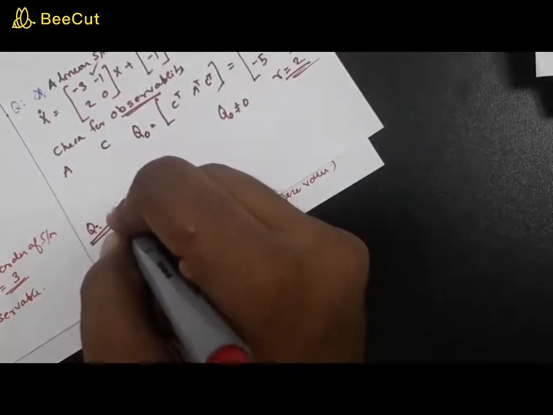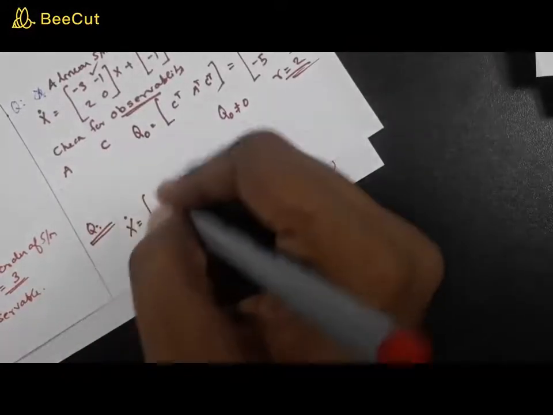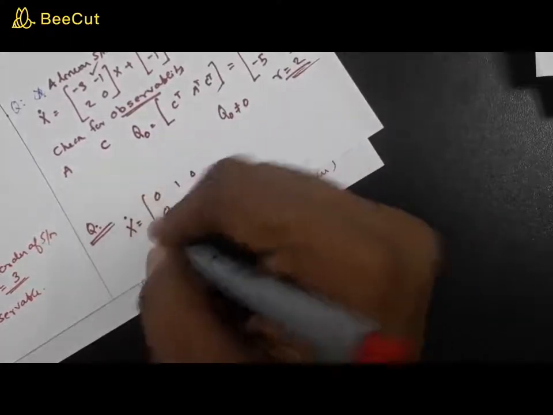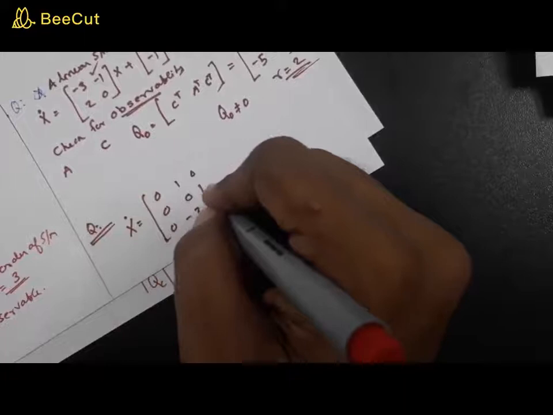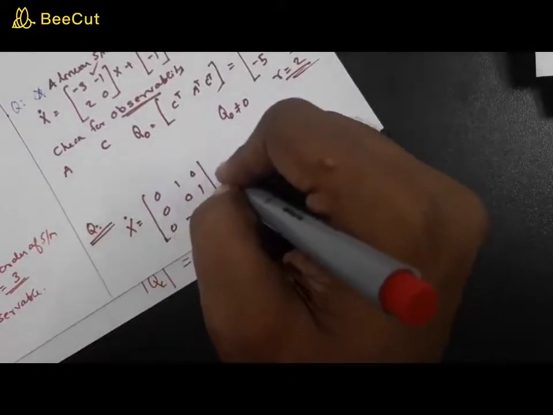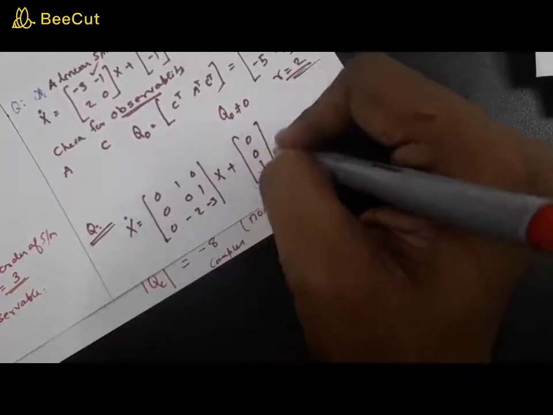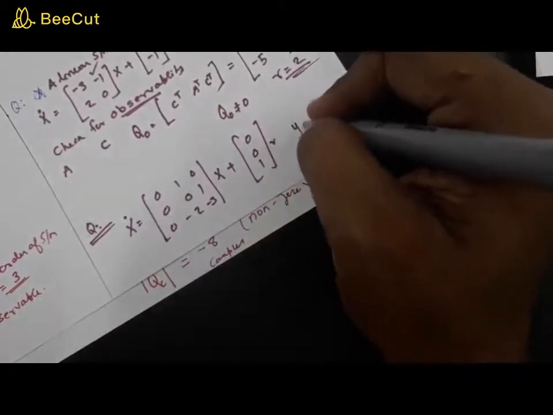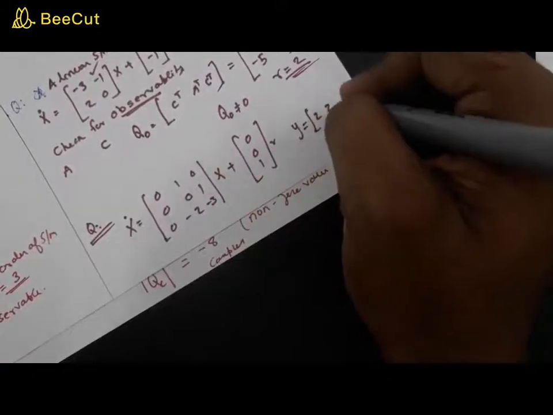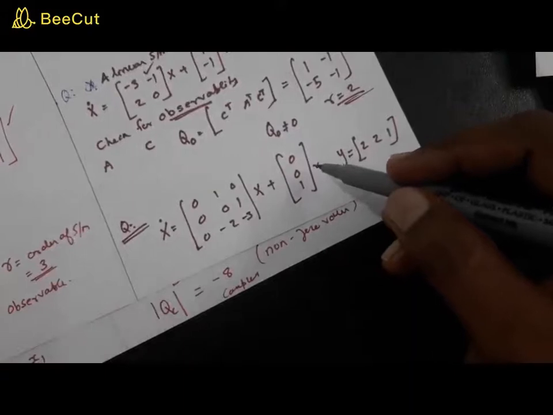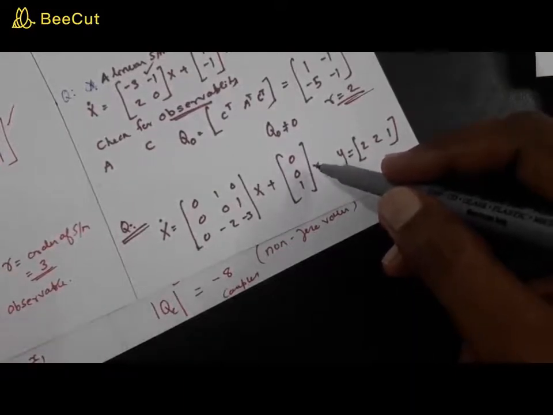Say another x dot is equal to 0 1 0, 0 0 1, 0 minus 2 minus 3 into x plus 0 0 1 into r, and y is equal to 2 2 1. Another point to be noted: even though we have used the term u for the input in the questions, it can be any letter.